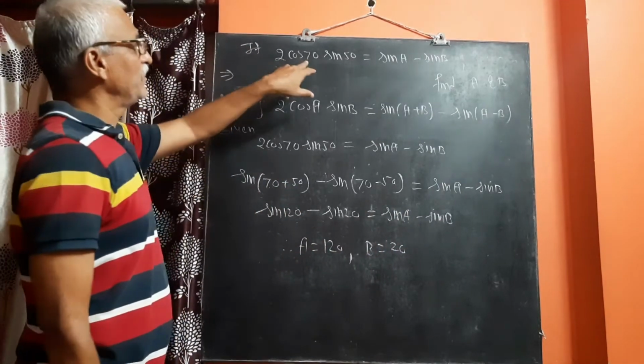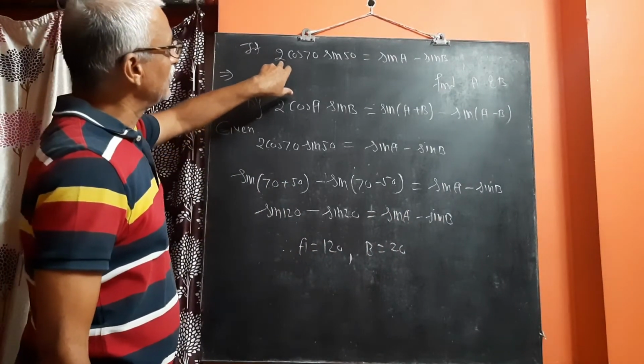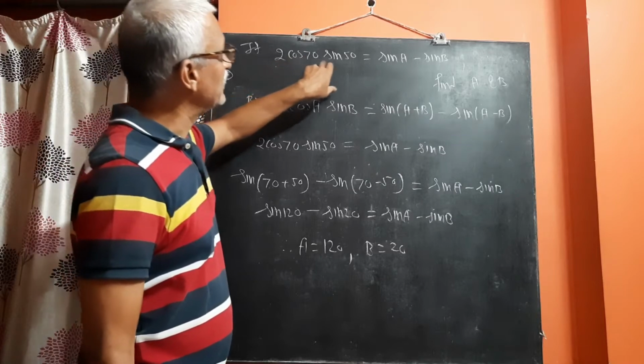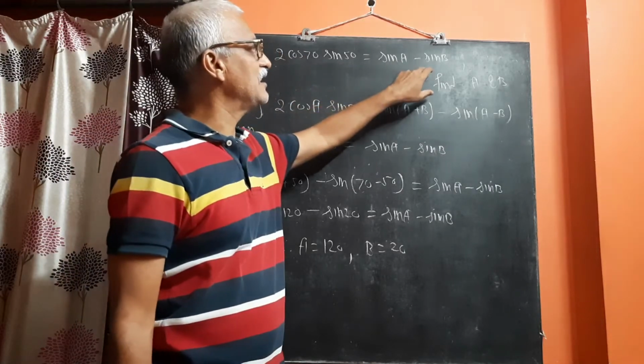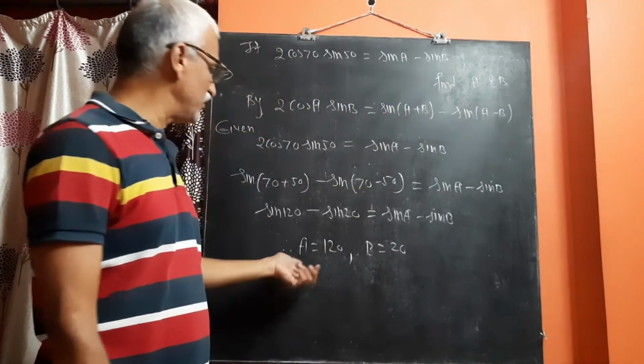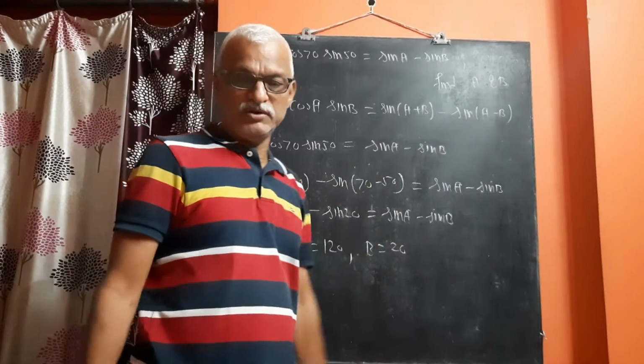So in the case when 2 cos 70 sin 50 equals sin A minus sin B, we have got A equal to 120 and B equal to 20.